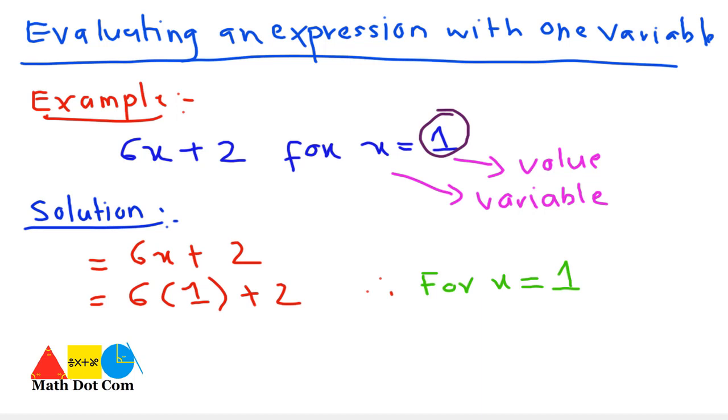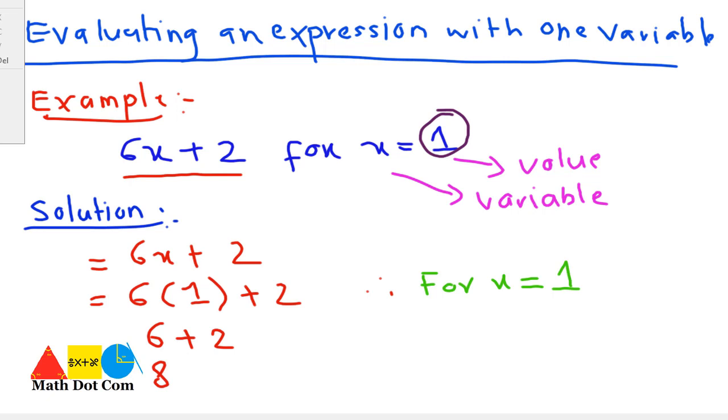Then 6 multiplied by 1. Now we have to solve this expression. It is an arithmetic expression, as there is no variable, so we use the rule of PEMDAS. We multiply first and then add: 6 into 1 is 6, plus 2 equals 8. So this is the evaluated form of the expression 6x plus 2 for x equals 1. This is how we can evaluate an expression with one variable.